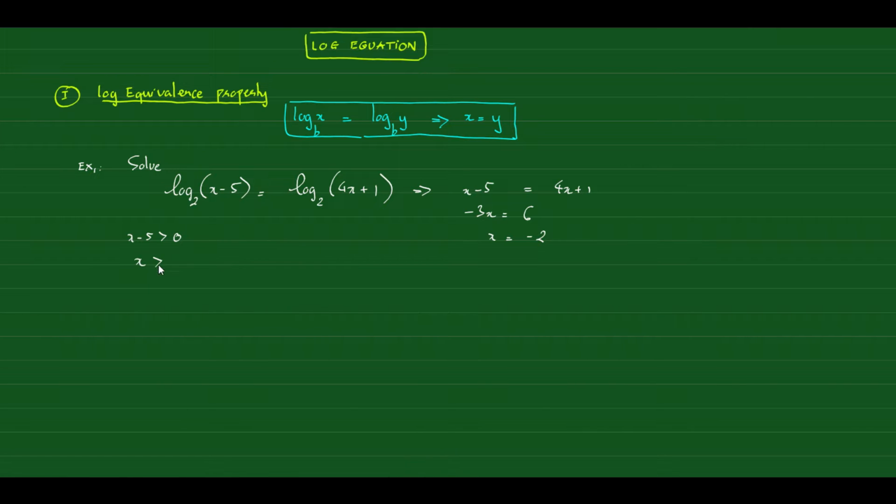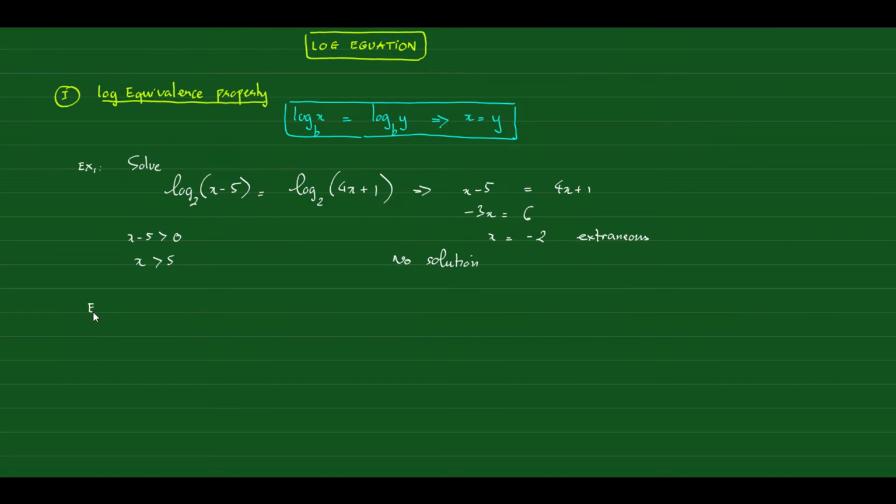So x must be greater than 5, and our x is equal to negative 2. Even though we got the x value, this is not a solution. This is an extraneous solution. So the final conclusion for this equation would be no solution. See, very simple.